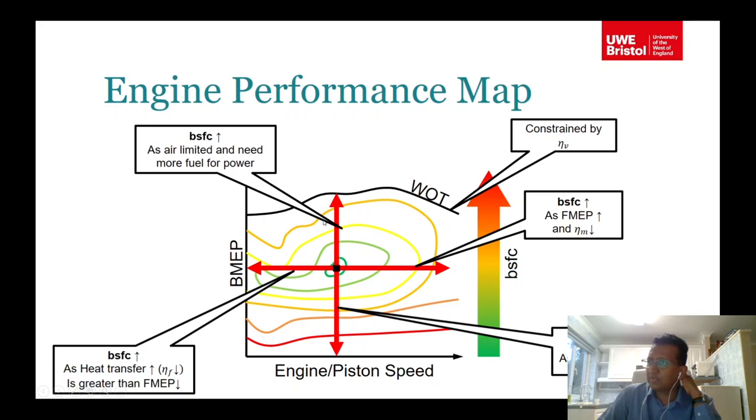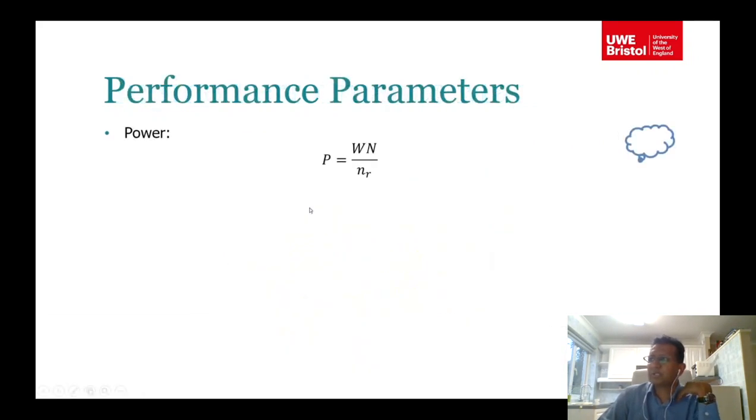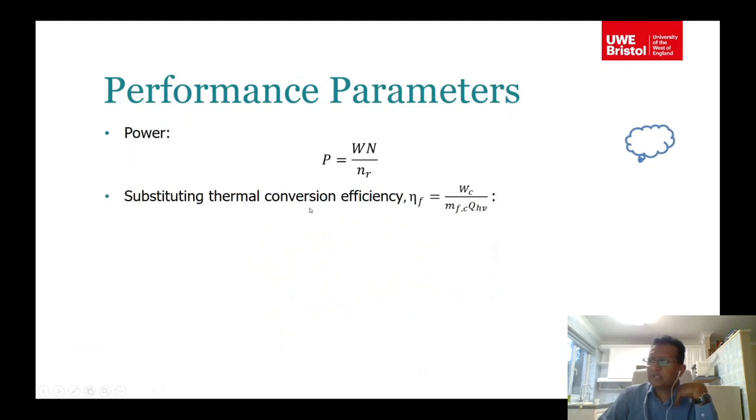So this is just an engine performance map, but the performance parameters would be: power is equal to W N, where W is the work, N is the engine speed, and nR is the number of revolutions per cycle, whether it's 2-stroke or 4-stroke.